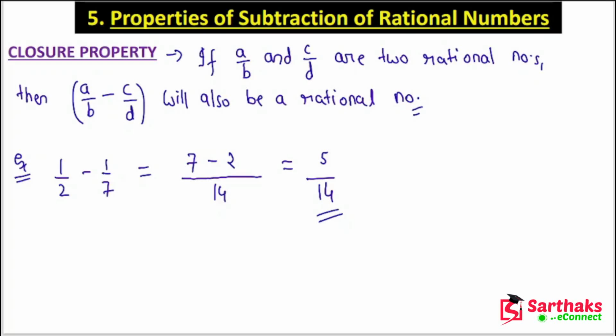Now let us talk about the second property, which is a bit important, which is commutativity. Now clearly addition of rational numbers is commutative, but is it true for subtraction of rational numbers? Let's find out.